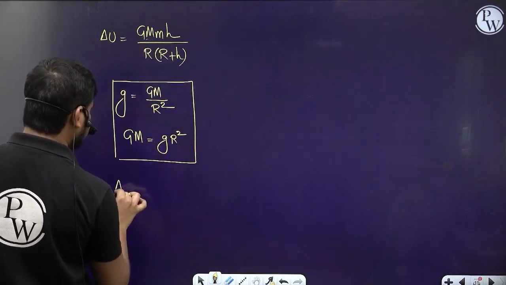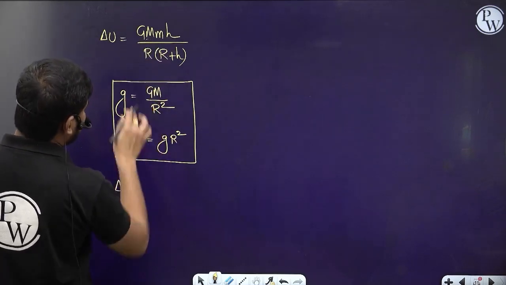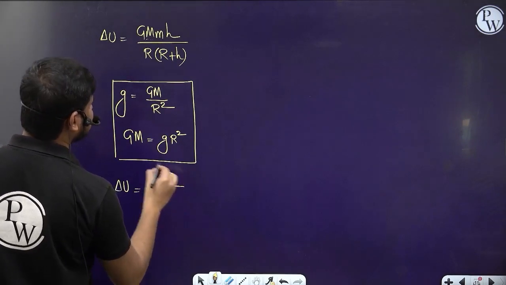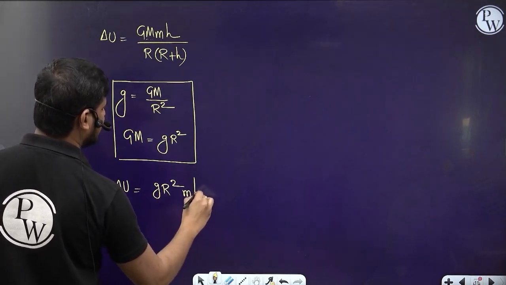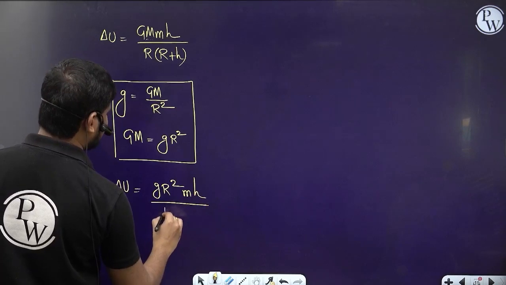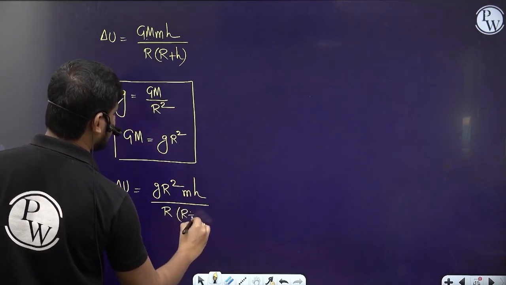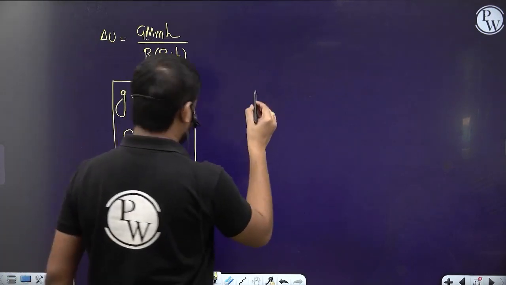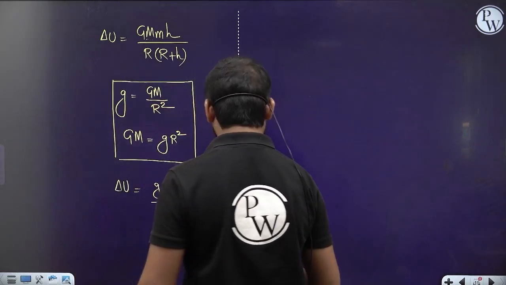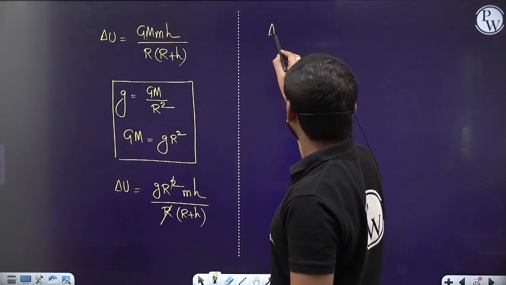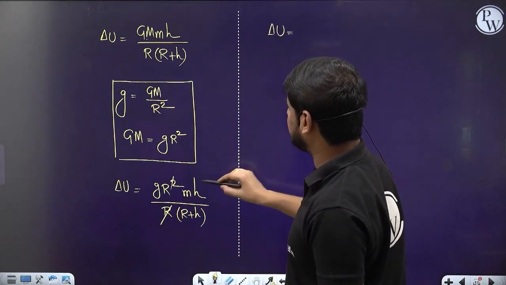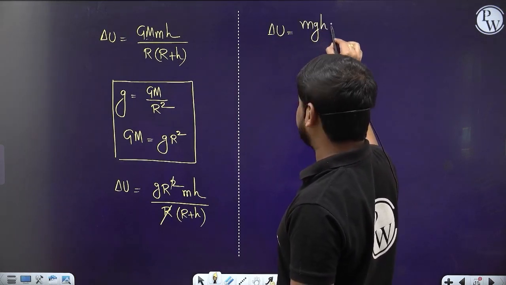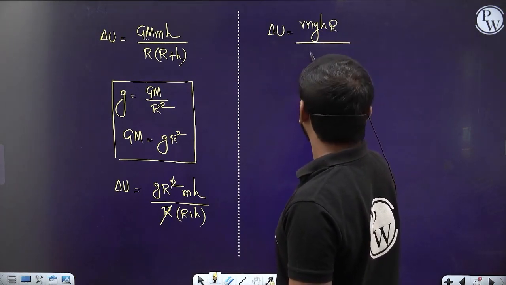So delta U is equal to, in place of this GM, I am writing g r square, small g r square into m into h by, what is left, r into r plus h. So here r gets cancelled. So we are left with, the gravitational potential energy delta U is equal to m into g into h into 1 by r plus h.